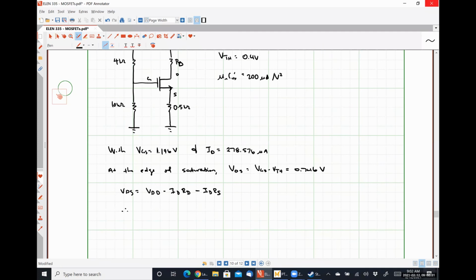And so we can mathematically manipulate this and find that RD is simply VDD minus (VGS minus VTH) minus RS, all divided by ID, which is equal to 3.282 kilohms. So simple enough to figure out what value of a particular resistor does what.